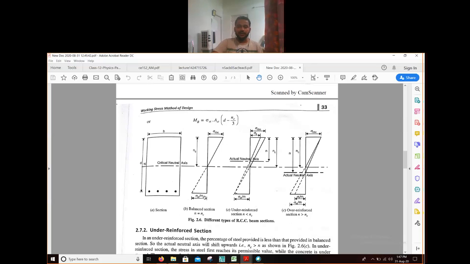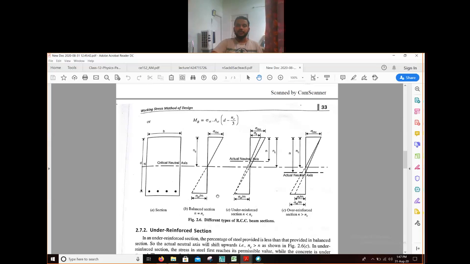If 140 Newton per millimeter square stress is reached in the steel, you can see cracks developing. So at that time, the maximum stress in concrete and in steel has been achieved, since they have started failing.